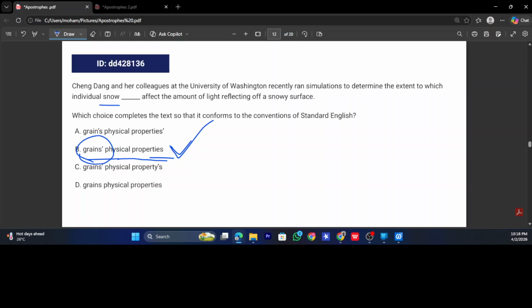B is incorrect because it requires a plural noun. C is also incorrect because the context requires a plural noun, properties. Choose is singular noun properties. D is also incorrect because the context requires the plural possessive noun, games.